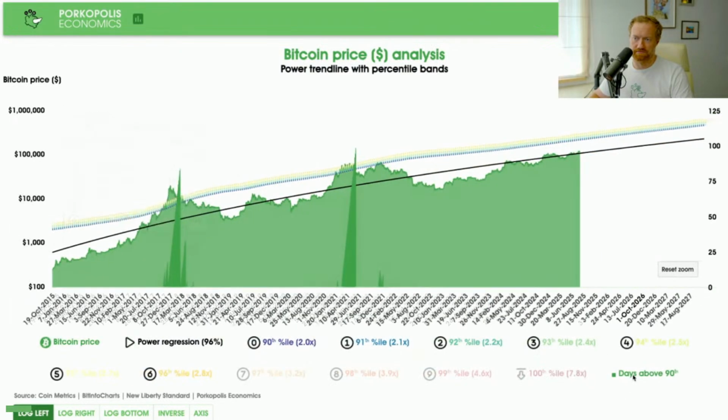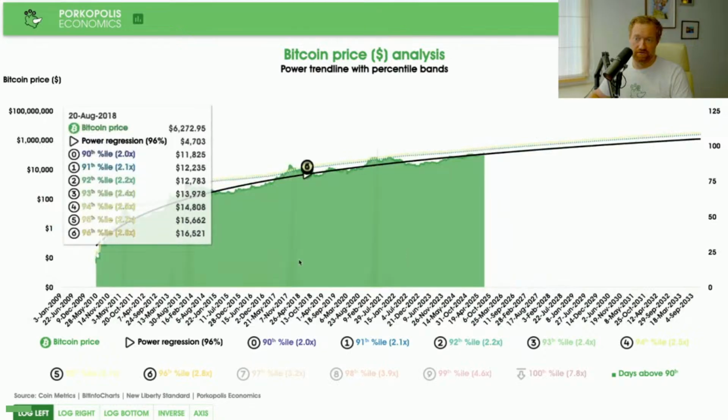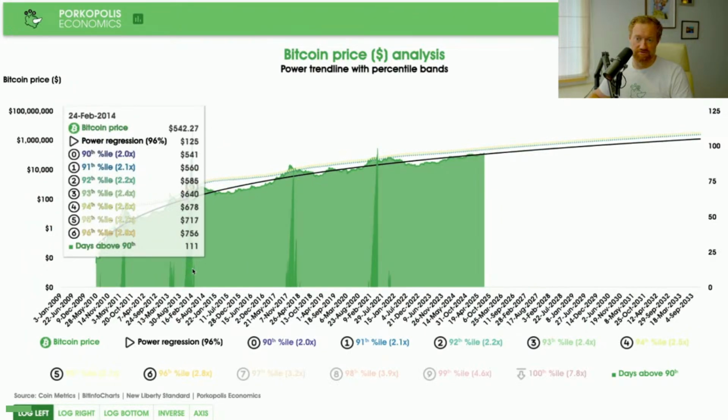Here's how fast it happens. These mountains just count linearly, right? They count days above the 90th. So you see when we have these mountains, when the price really moves above it, it's really 2 to 3 months. 2 to 3 months.